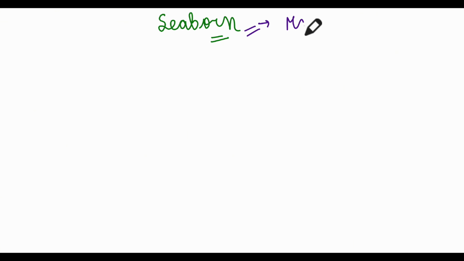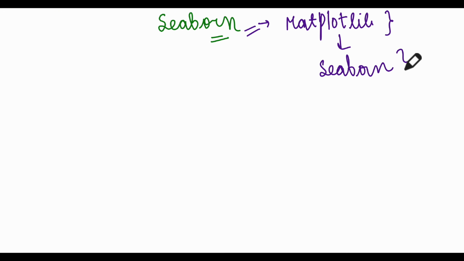So Matplotlib is one library, right? So basically, Seaborn is an enhanced version of Matplotlib, I will say. In simple words, whatever visualizations you can create in Matplotlib, they can be done in Seaborn as well. The thing is that Seaborn has a better visualization and it has additional features as well.